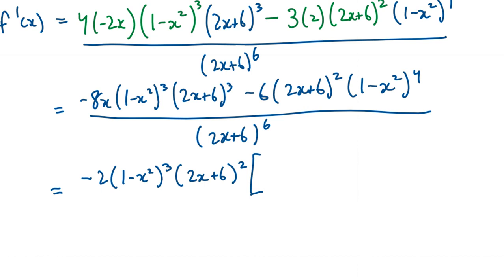What's left? 4x times 2x plus 6 plus, careful because we got the negative. Easy mistake to make. 3, and we have one of these left.